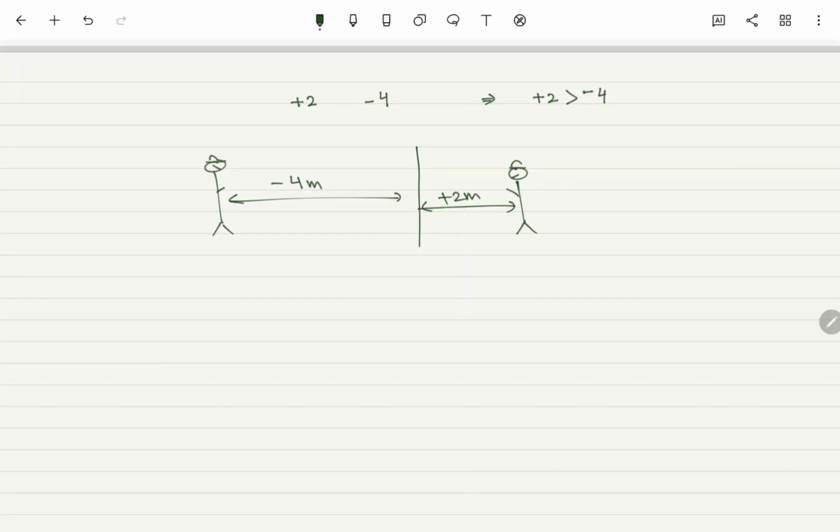The minus sign gives us the direction, not the magnitude. The magnitude is just 4, so this displacement is greater than this displacement.